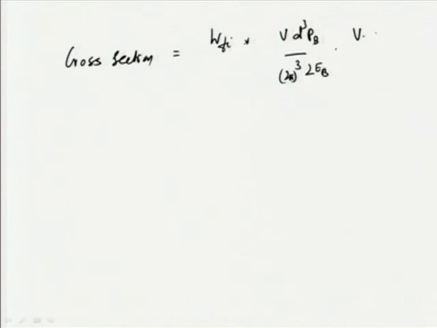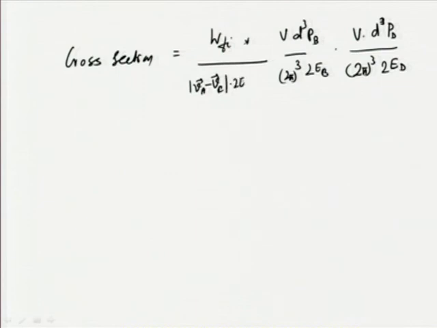So, that will give you the cross section equal to W F I into V d3 P B over (2 pi)^3 2E B, V d3 P D over (2 pi)^3 2E D. Initial flux times target density is V A minus V C, 2E A times 2E C, divided by V in each case.